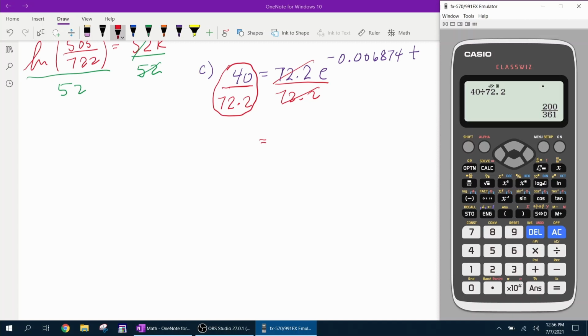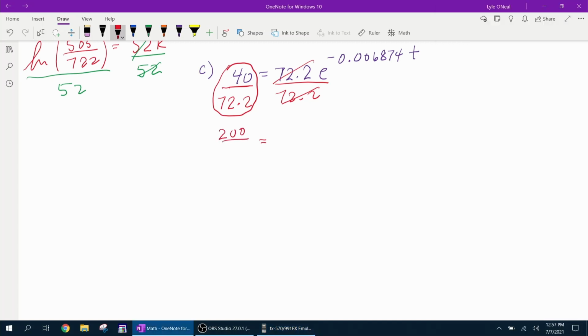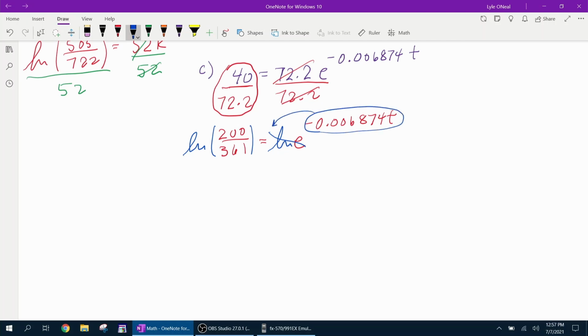And so I'm going to leave that as 200 over 361. And now we just have e to the exponent. And at this point, we can take the natural log of both sides. Natural log and e cancel, and the exponent comes down to the front using the properties of logs, so that's no longer an exponent. And once we get to this step, we're one step away from the answer. We simply need to divide both sides by the coefficient of t.